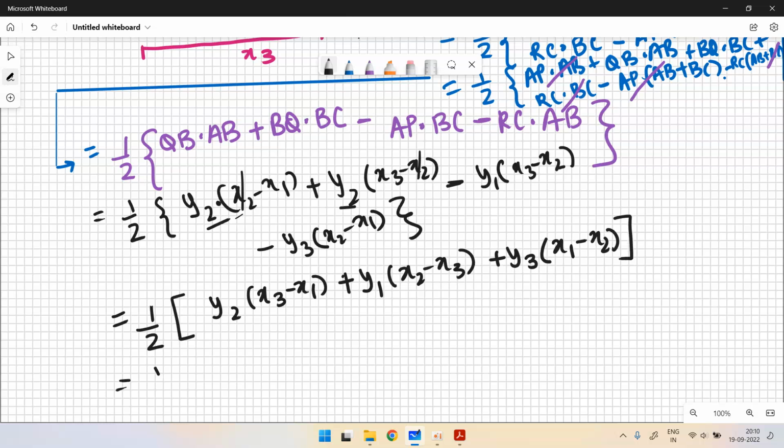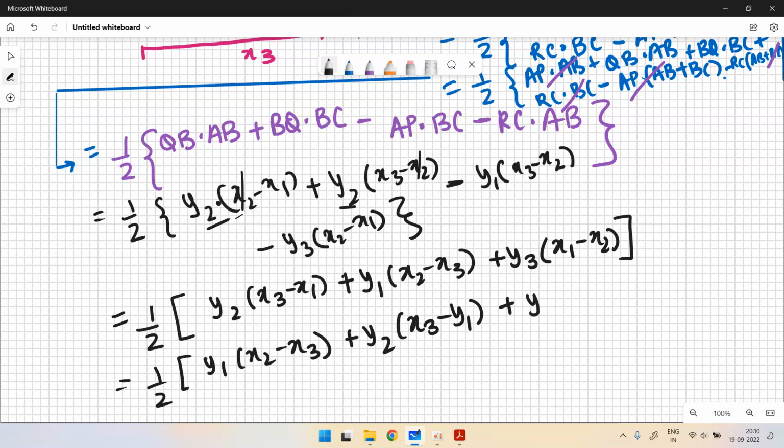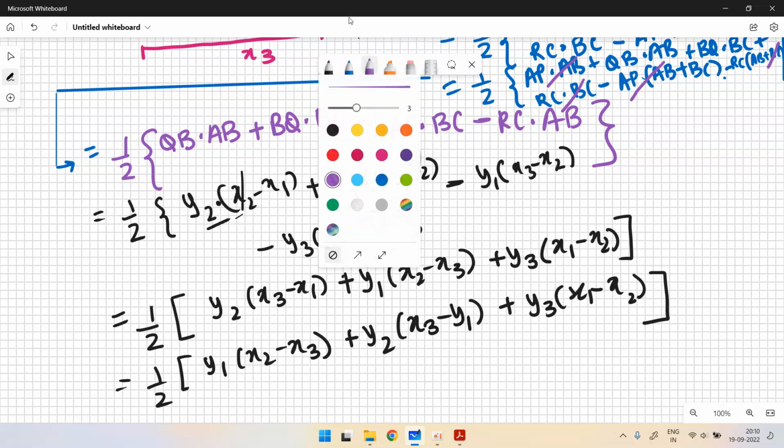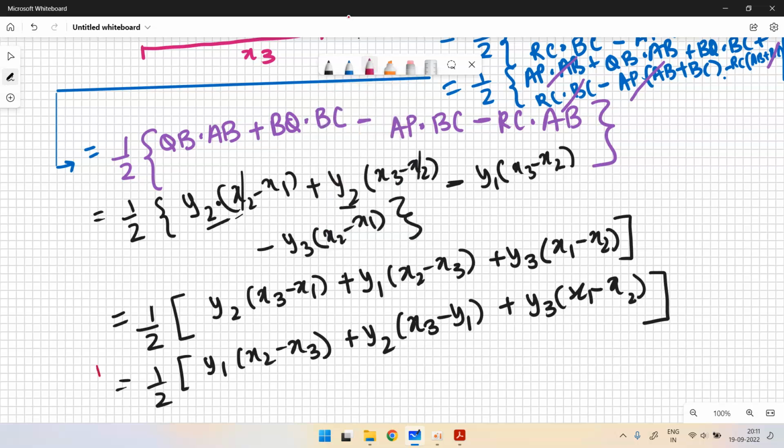So ultimately the formula I am writing: first y1 into x2 minus x3, plus y2 into x3 minus x1, plus y3 into x1 minus x2. This is your main formula.